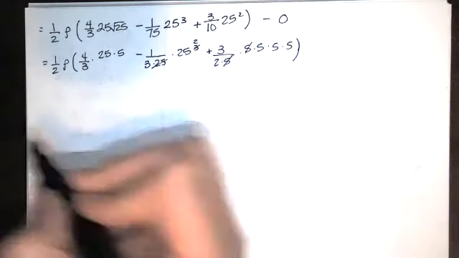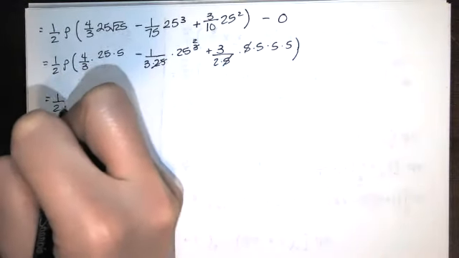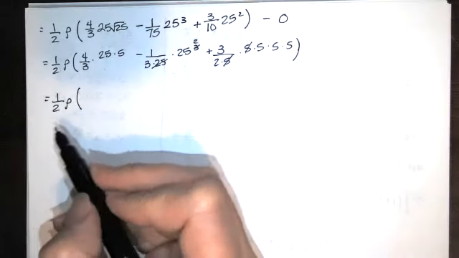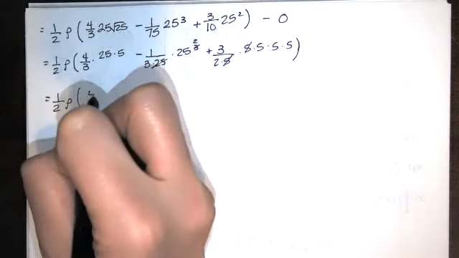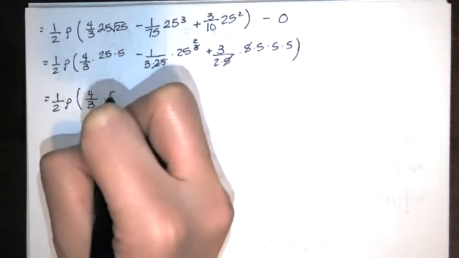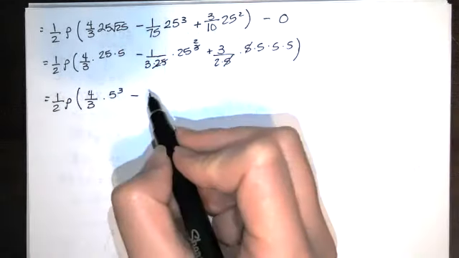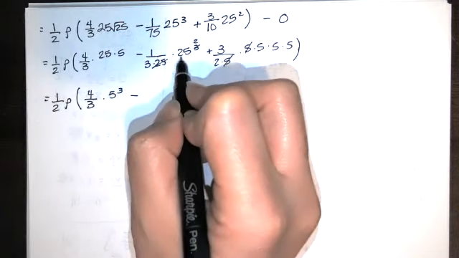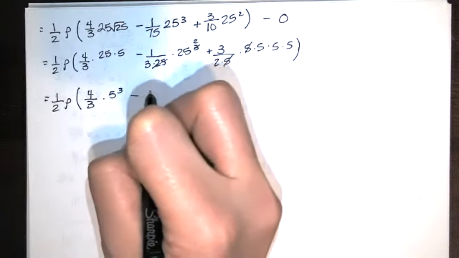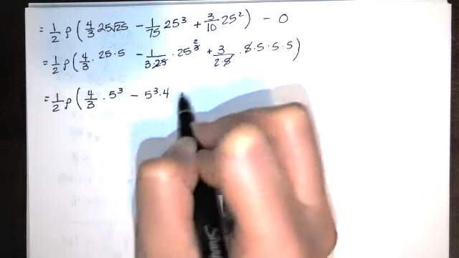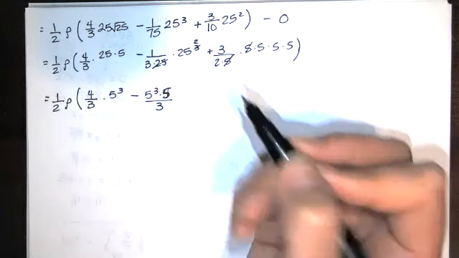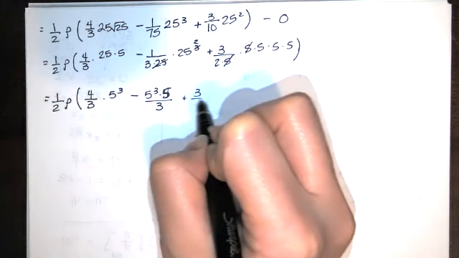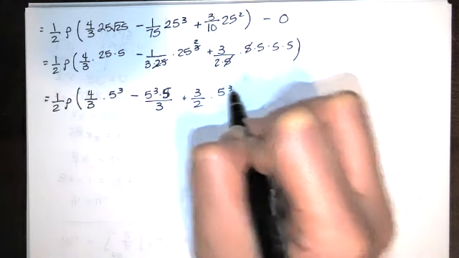So we end up with this. Looks like I've got 4/3 times 5 cubed minus, that's going to be a 5 cubed times an extra 5. Whoops. 5 cubed times 5 over 3 plus 3 over 2 times 5 cubed.